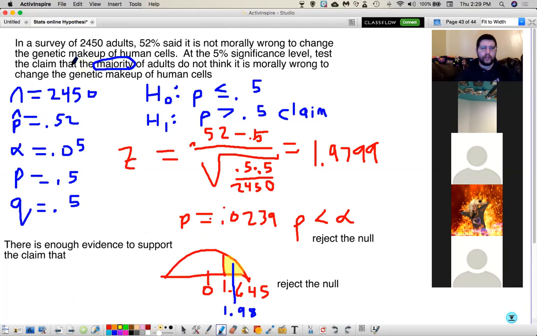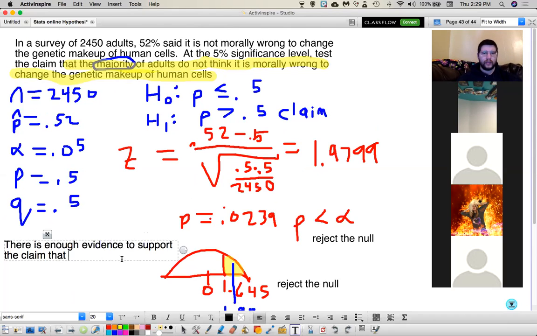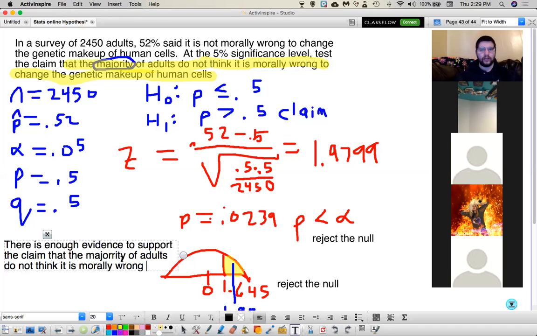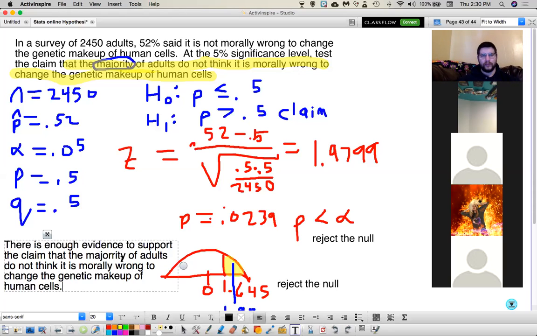The claim that the majority of adults do not think it is morally wrong to change the genetic makeup of human cells. Questions on that one?